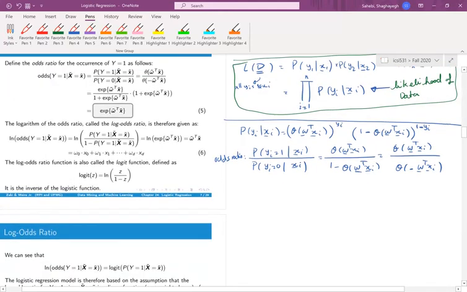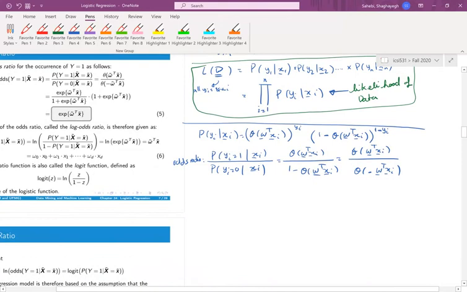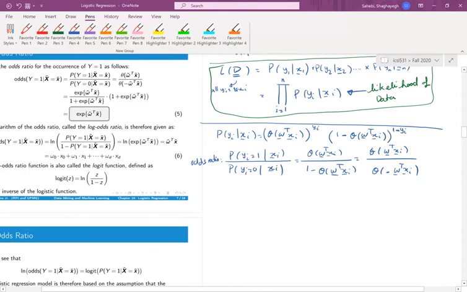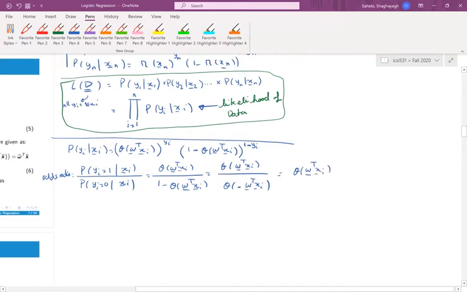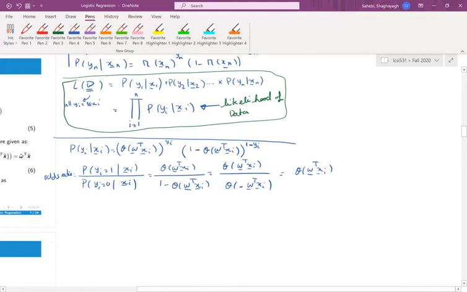So what I can do is say this is equal to theta of w transpose xi multiplied by 1 over 1 plus e to the w transpose xi.